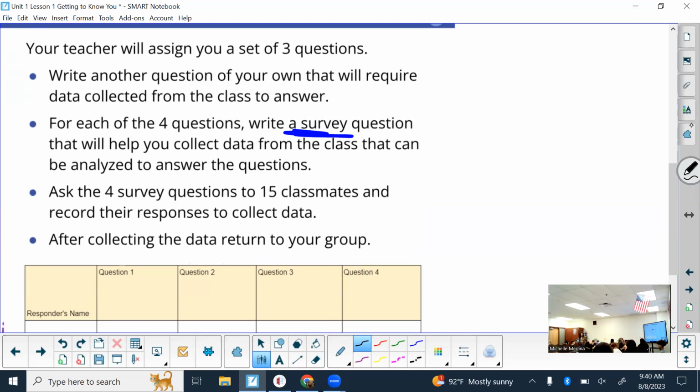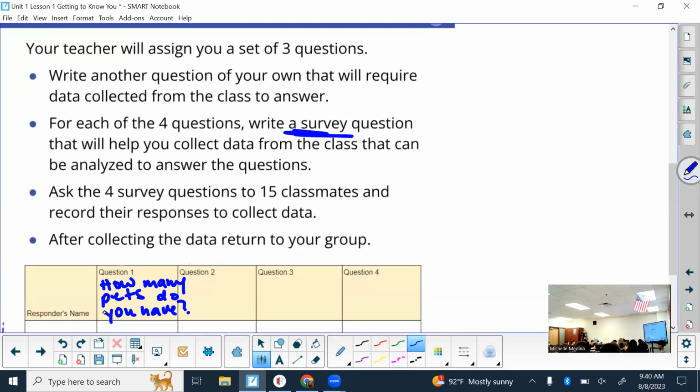How would I phrase that question when I'm asking someone? Yes? How many pets do you have? So that's what you're doing for questions 1, 2, and 3: either revising them or checking to see if they're good to ask your classmates. So how many pets do you have?